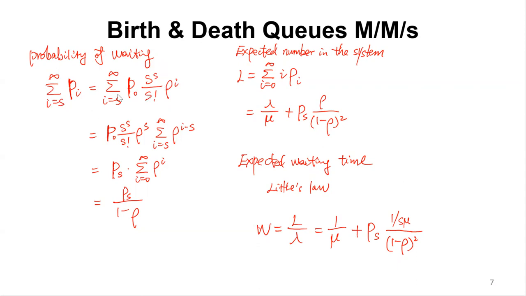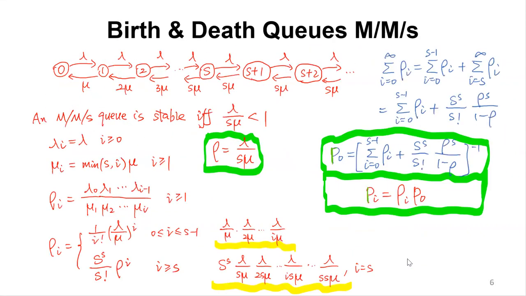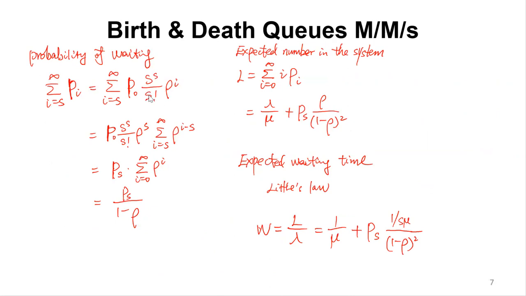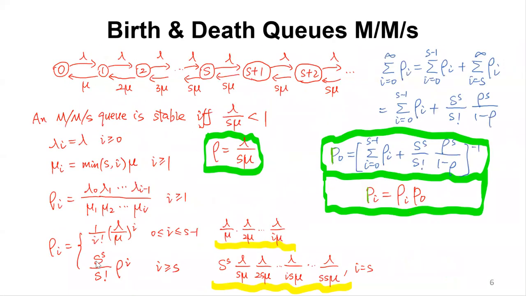So the summation is Pi equals P0 times rho I. Because it's greater than S, this rho I, the index, becomes S to the power S over S factorial times rho I, where rho is a constant, lambda over S mu, and I is the power. So we put this in here. You see here, right?